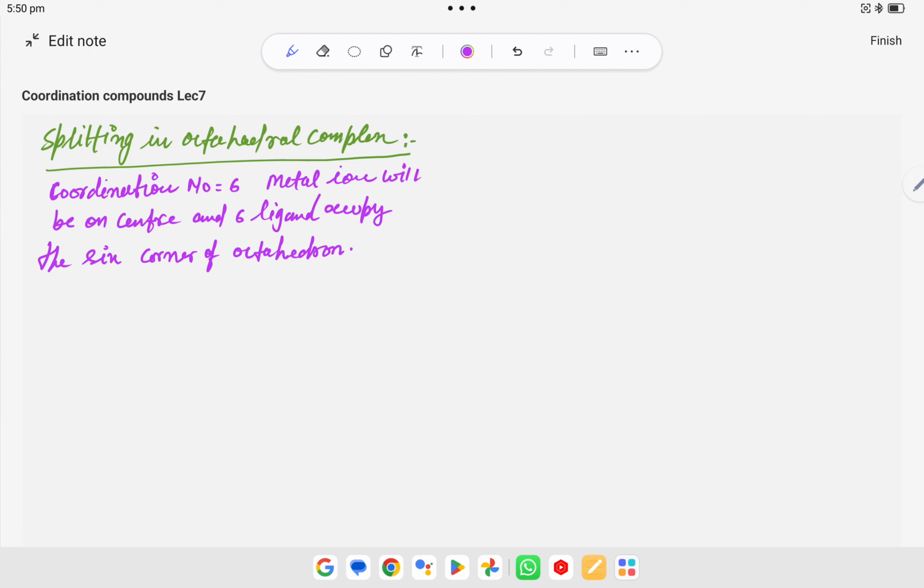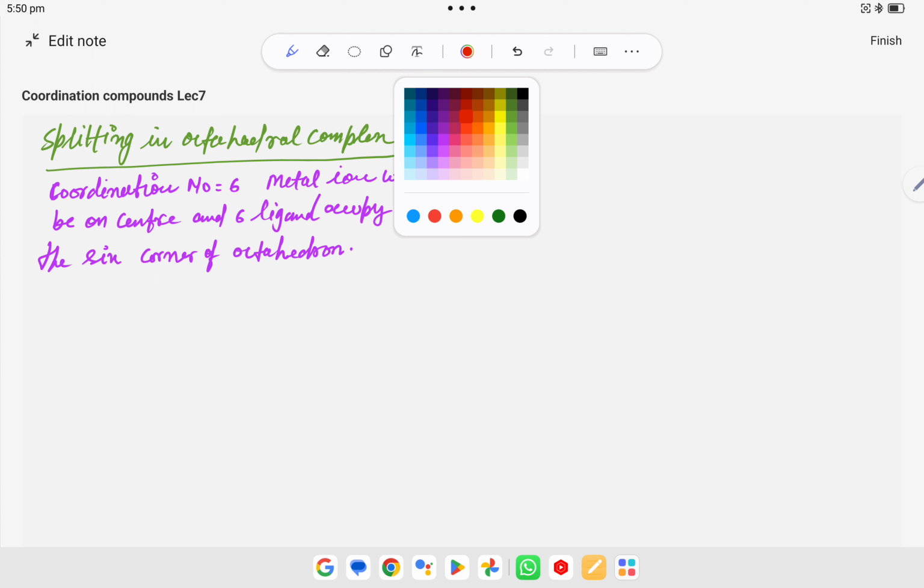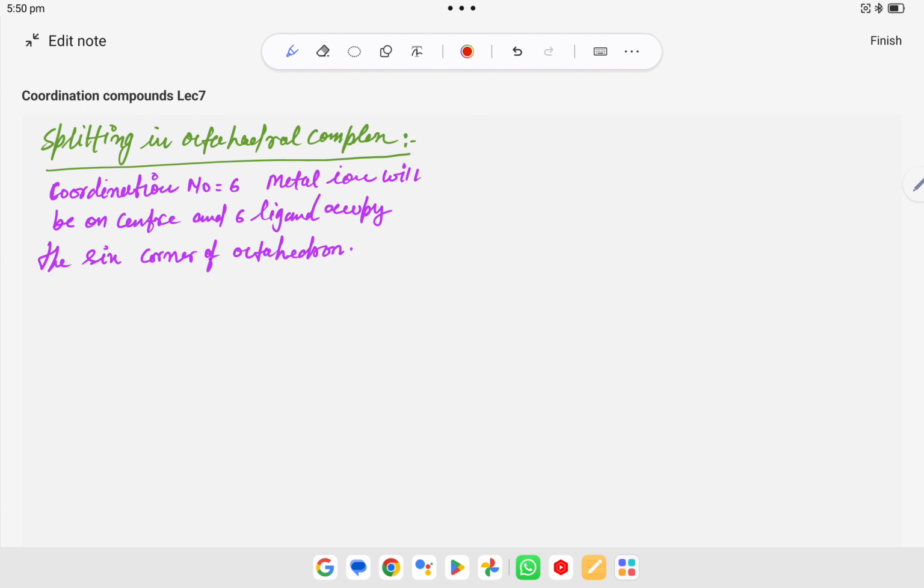So how will they occupy? Check it once. Here, this is the metal. In this metal, these are the 6 corners.